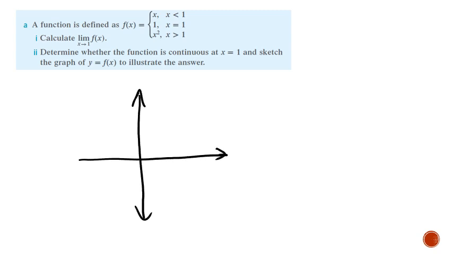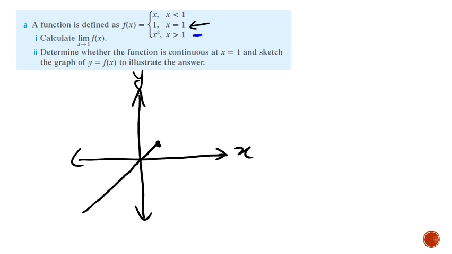I'll just sketch it. I know it's part 2 telling you to sketch it, but I'm just going to sketch it anyway. So the first one is x going all the way up to 1, like so. But the part that's weird is it just says f of x equals 1 when x is only equal to 1. That means that's a dot, like I did here.